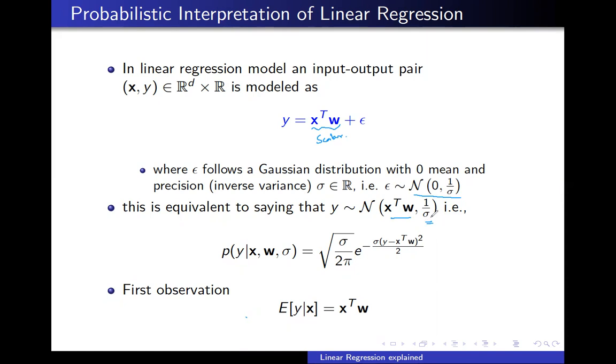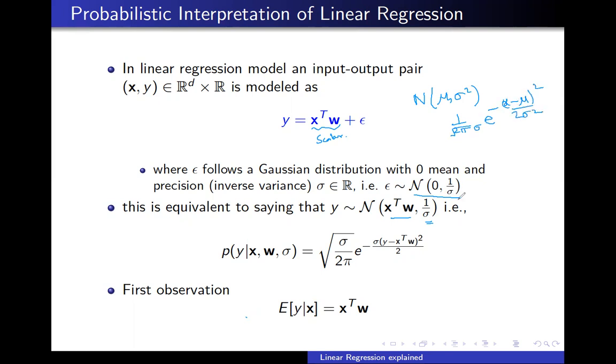The normal distribution here is a univariate normal distribution, and it has a common PDF formula. For mean mu and variance sigma square, the PDF is simply 1 over square root of 2 pi sigma, e to the minus (x minus mu) whole square divided by 2 sigma square.